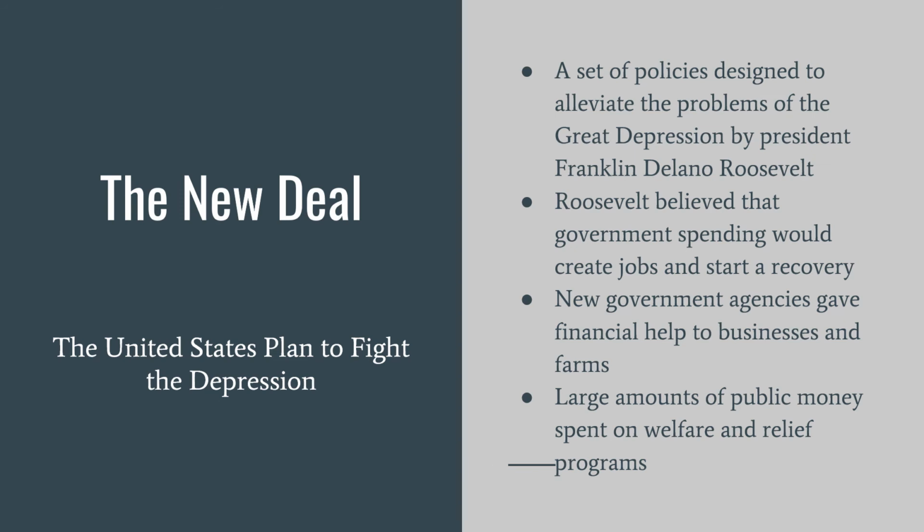Social Security is actually proposed as part of the New Deal, and it is something that millions upon millions of Americans still rely on today, and something that taxpayers still pay into. That is a New Deal program.